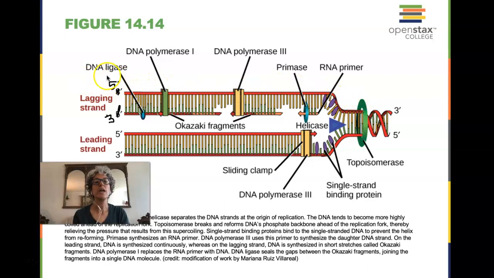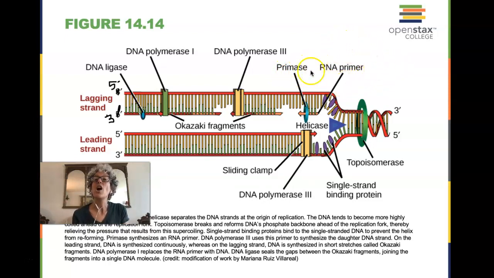The original strand had a free 5' end. DNA polymerase cannot recognize that phosphate. It's a very large functional group. It should recognize a hydroxyl, a very tiny functional group. So in order to get a 3' hydroxyl, we have another enzyme called primase. It's an enzyme that's going to create a primer.